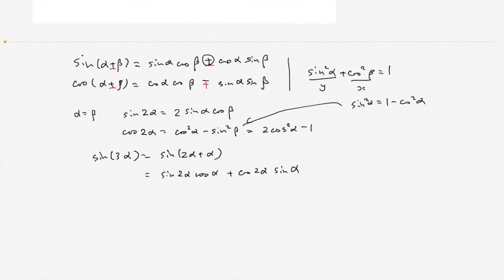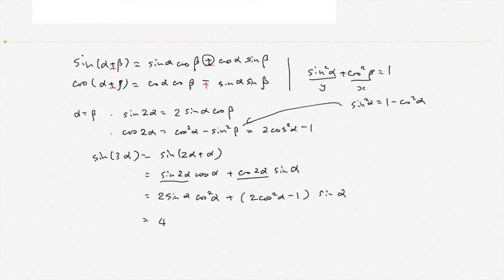Right? Then for the sine 2 alpha and cosine 2 alpha, we can use these double angle formulas. Then you can just substitute: 2 sine alpha cosine square alpha plus 2 cosine square alpha minus 1 times sine alpha.